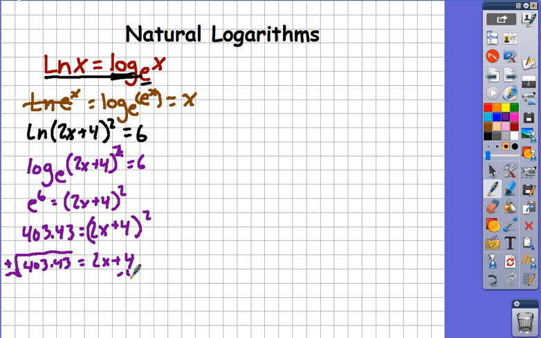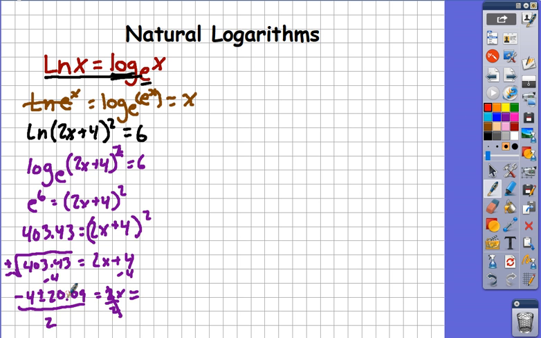So now when we subtract 4 from both sides, it's not going to go with this. We can get a decimal approximation for the square root, and it's about 20.085, so let's say 20.09. So we're going to take negative 4 plus and minus 20.09, and that's going to equal 2x. Divide out the 2, and now we can solve for x. Let's do the subtraction first.